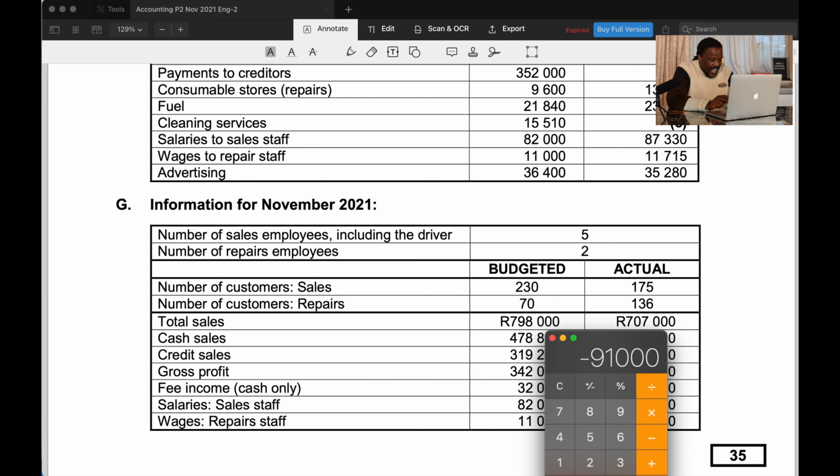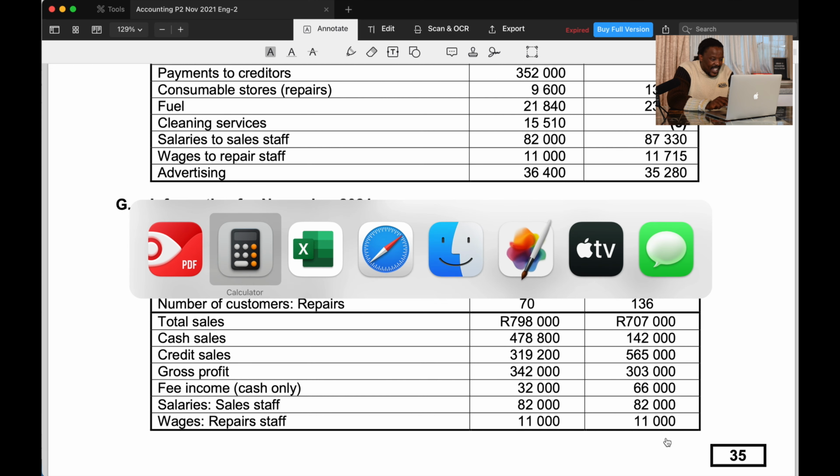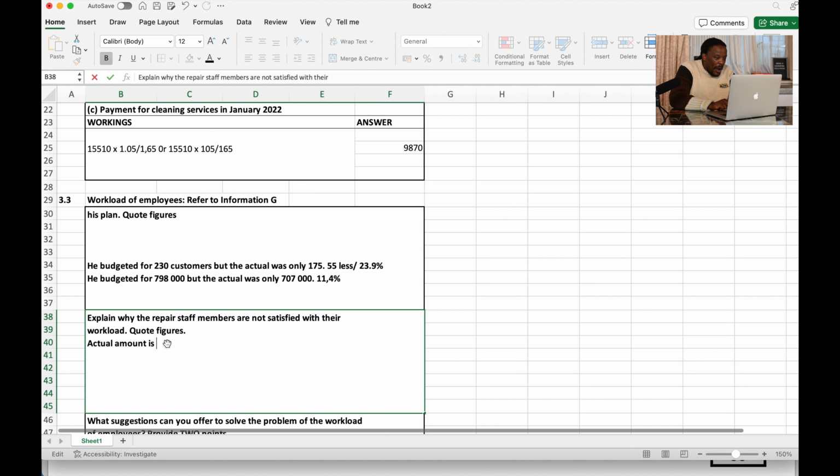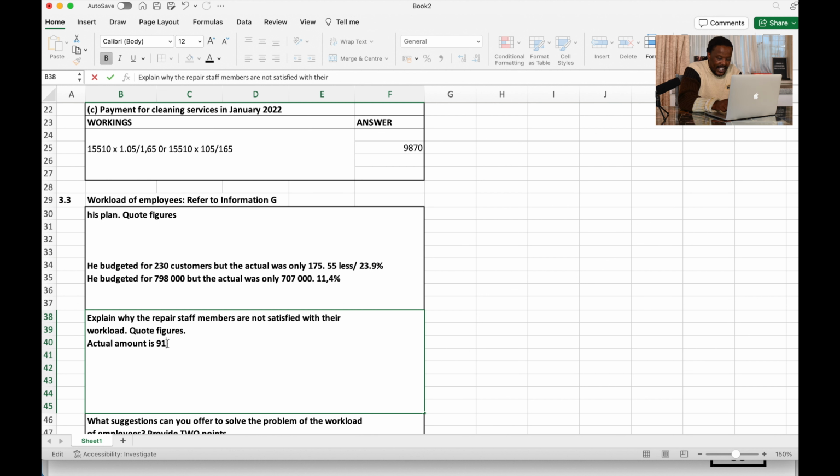You can put it like 91,000 to say actual amount is 91,000 more than budgeted. Therefore, you can see they are tied up by work. You can just mention that, or you don't mention that, it's the same.